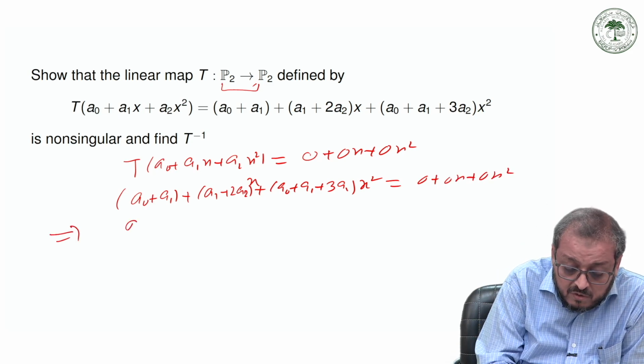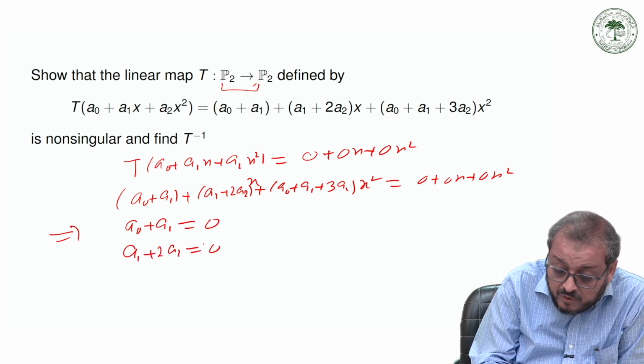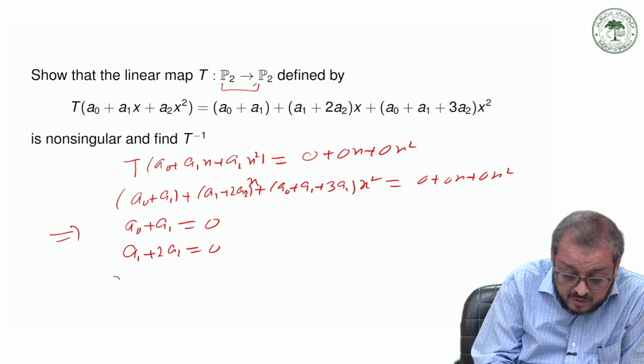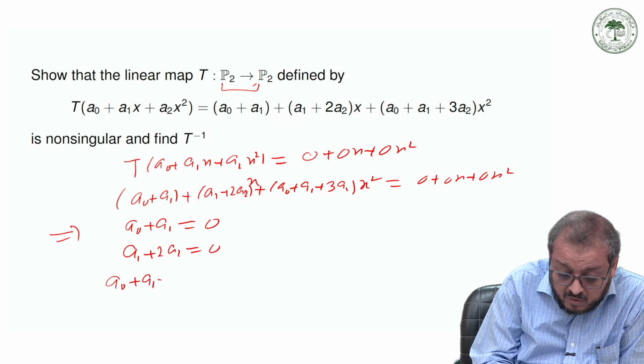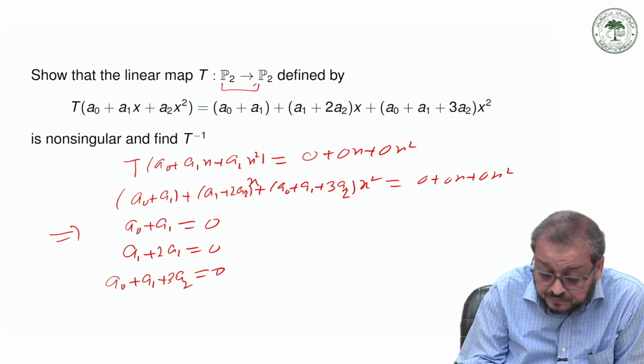Now this gives a naught plus a1 is equal to 0, a1 plus twice a2 is equal to 0, and a naught plus a1 plus 3 of a2 is equal to 0.